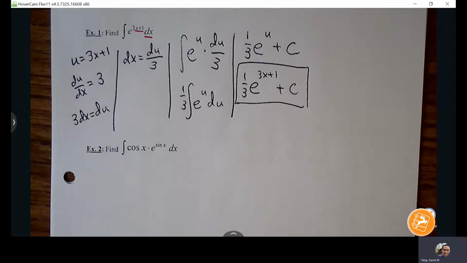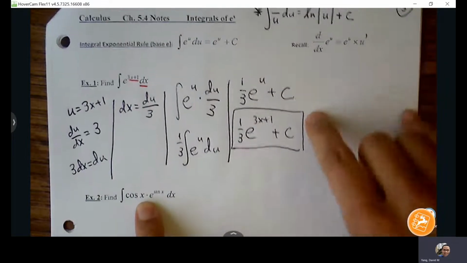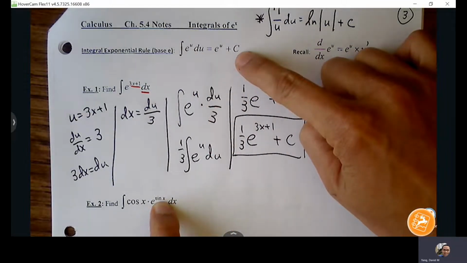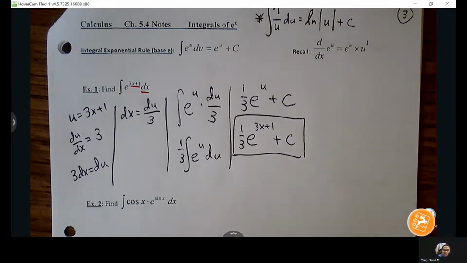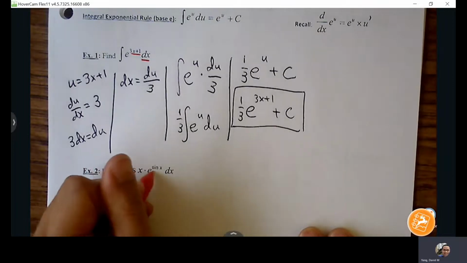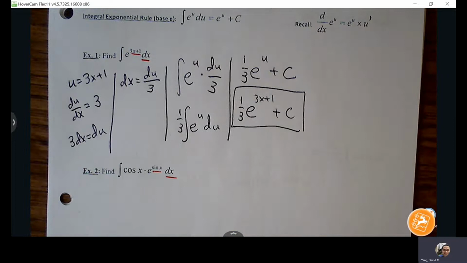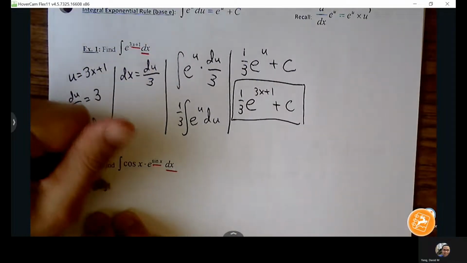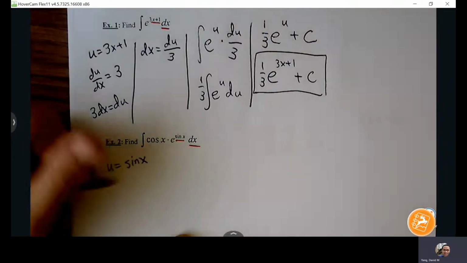Right, so what could be a u value that will allow this problem to match one of the rules that's available to us? Yeah, let's target that exponent, right? And we're hoping that this sine will take care of that cosine. If we think about our derivative rules, those should pair up nicely. So, okay, derivative.